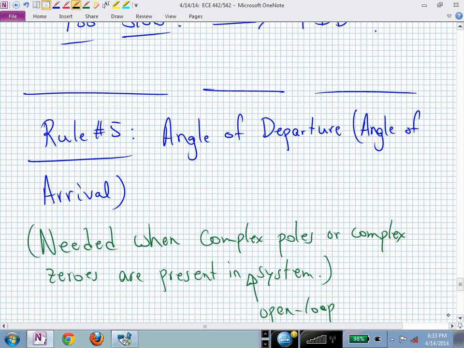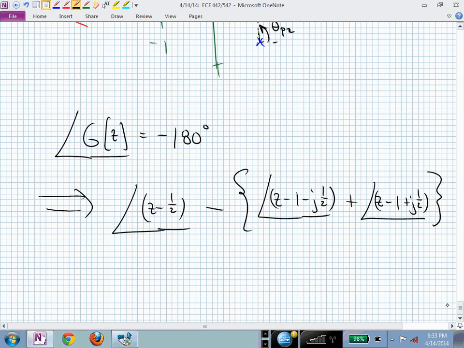So now from this formula, I have theta sub z minus, and I'm calling this angle my departure angle, phi sub d, and this one I was calling theta sub p sub 2.